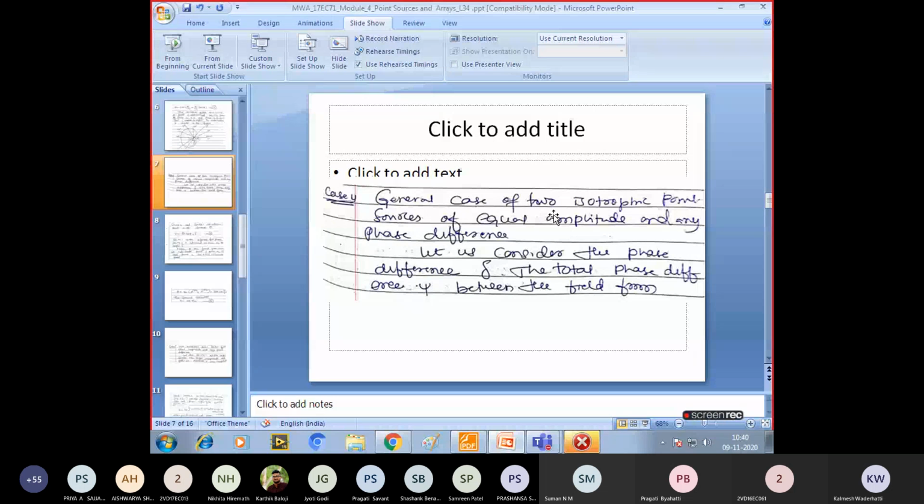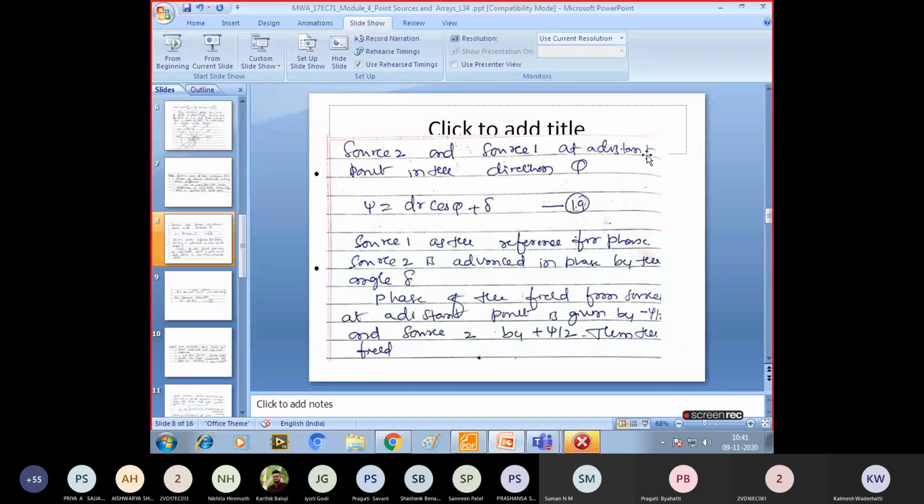That psi is the phase difference between the two sources, source 1 as well as source 2, and the phase difference in the far field distance will be delta. The total phase will be psi and the phase difference will be delta.